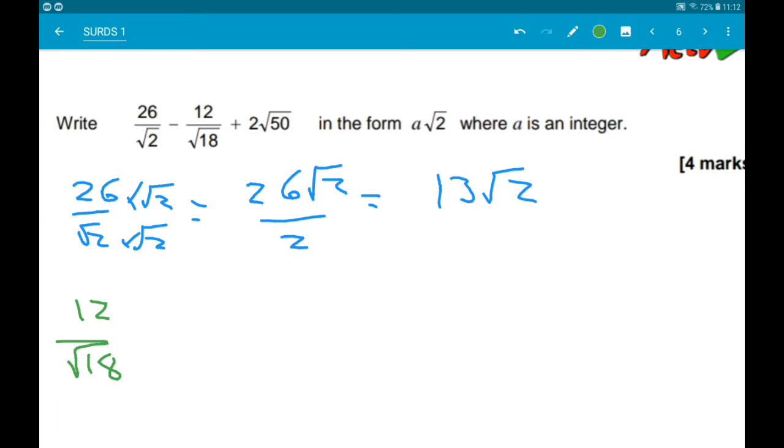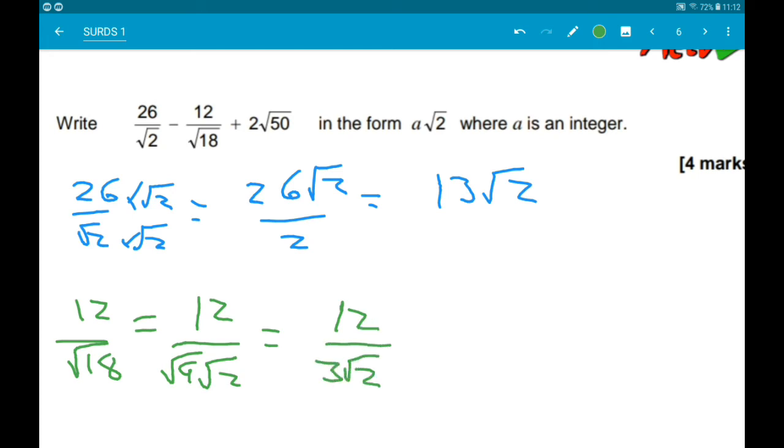So this is 12 over root 9 root 2. Which is 12 over 3 root 2. Twelve over 3 cancels, so this is 4 over root 2.